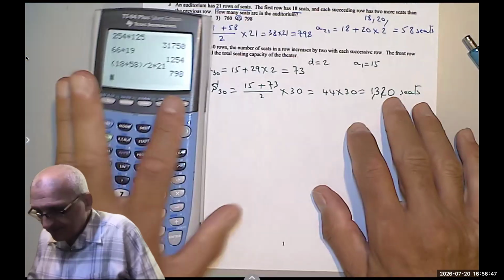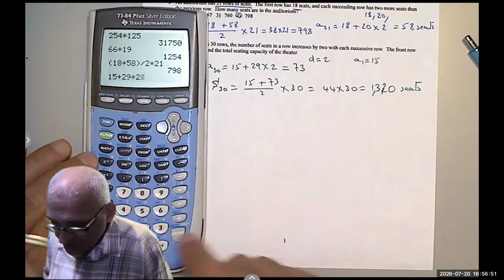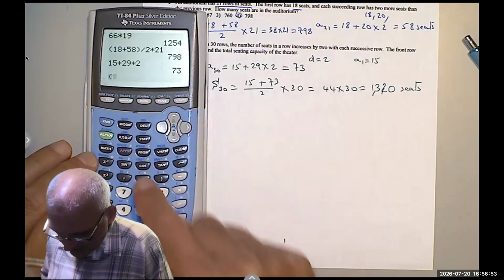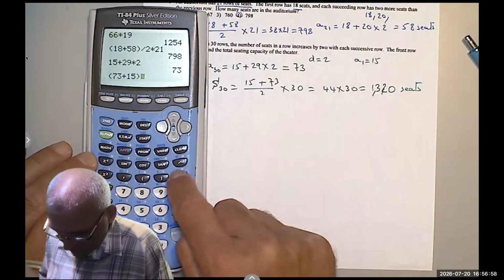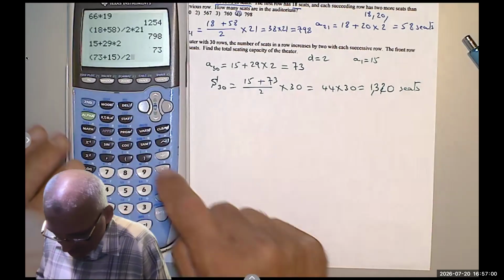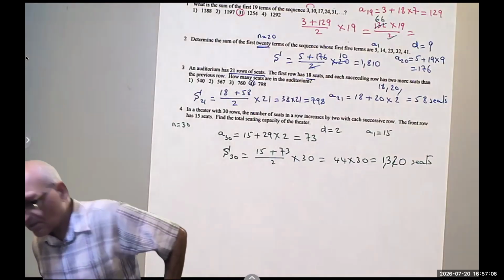We can do the math. First of all, we can say 15 plus 29 times 2, that's 73. Then we say 73 plus 15 over 2, and we said 30 rows, 1320 seats, just to make sure I don't give you something wrong.